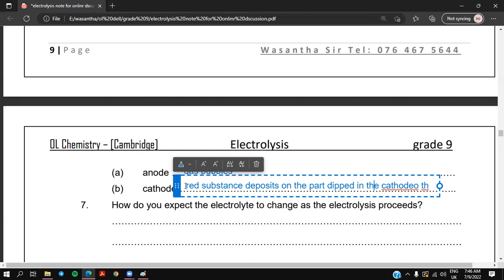Wait a minute, no, I have to change this. The red substance deposits on the part of the cathode dipped in the electrolyte.